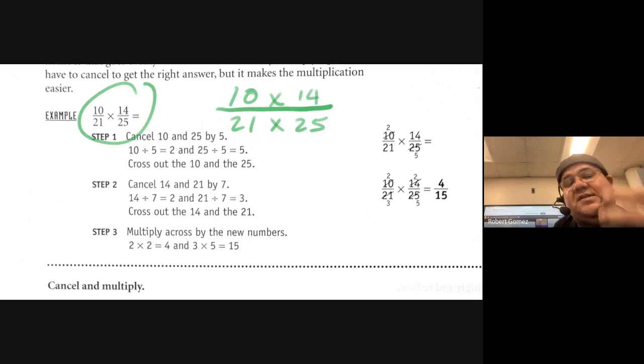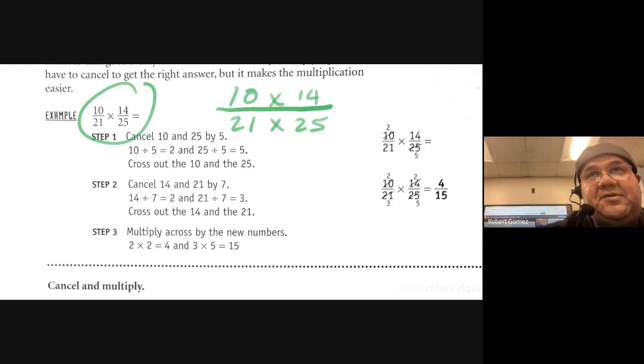And you can see how we can cross cancel here. So I'm thinking, 10 and 21 are not going to work, right? But 10 and 25 will. I can factor it out like I usually do, because that's what we're doing, reducing.